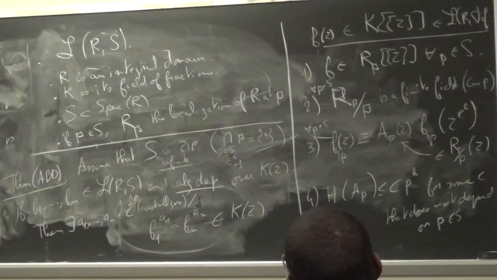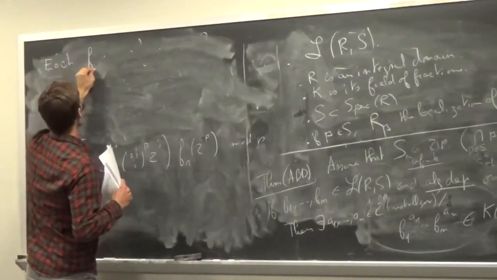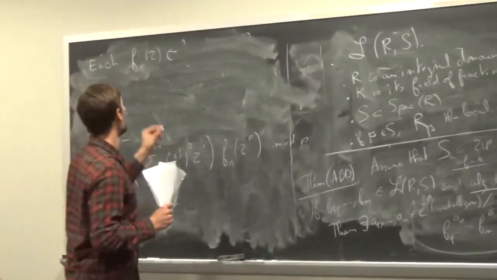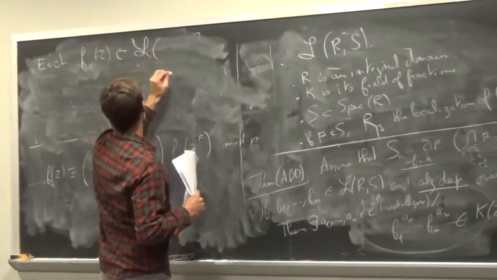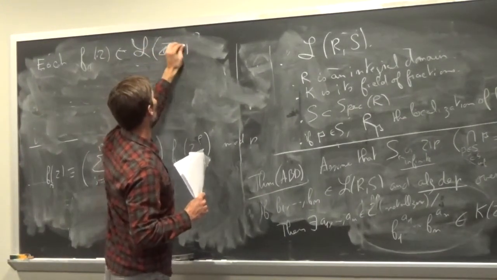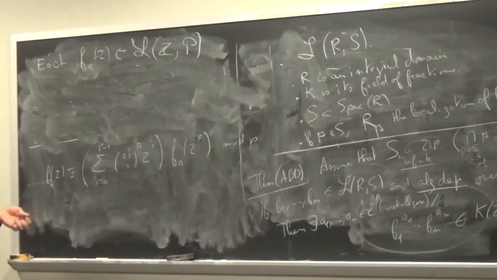Each Fourier series F_r belongs to the ring over Z, and I can choose for S the set of all prime numbers.